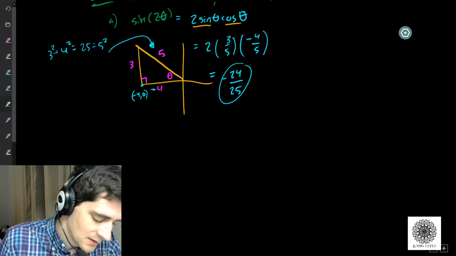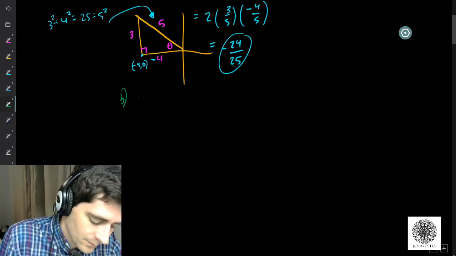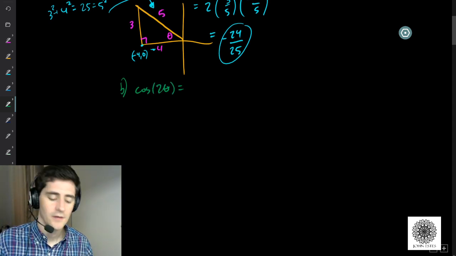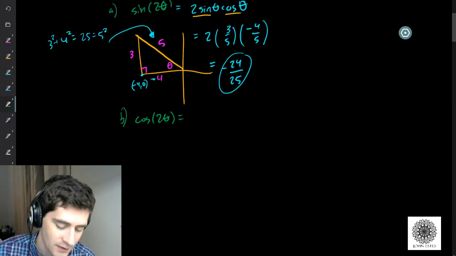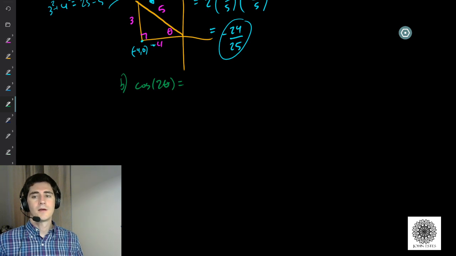Okay, now for part B, I want to find cosine 2 theta. Now that I have sine 2 theta, I could build a new triangle for 2 theta.